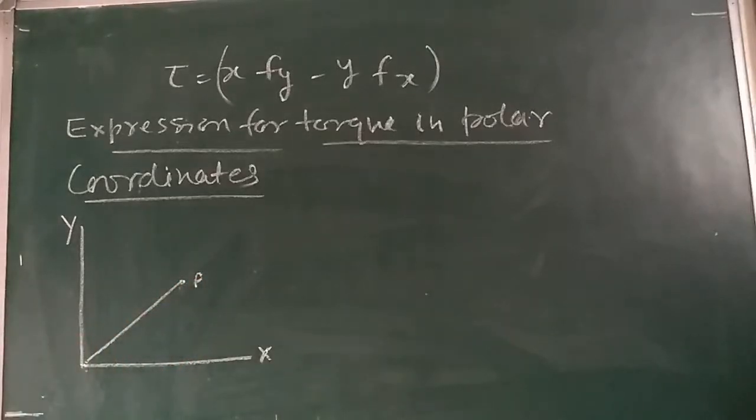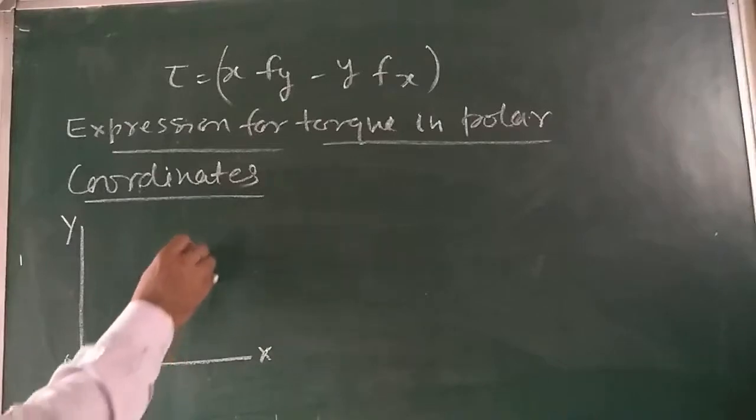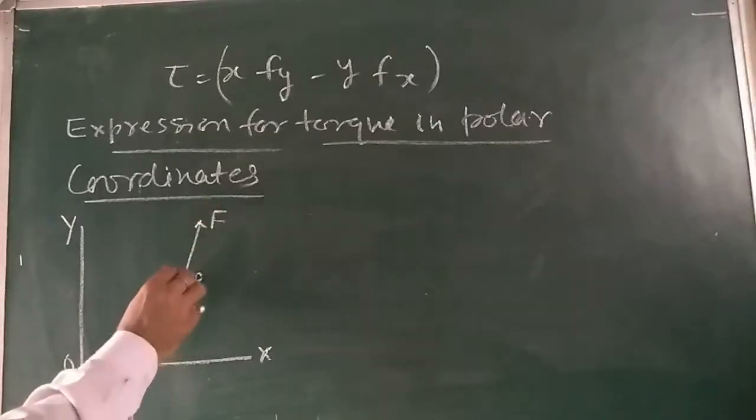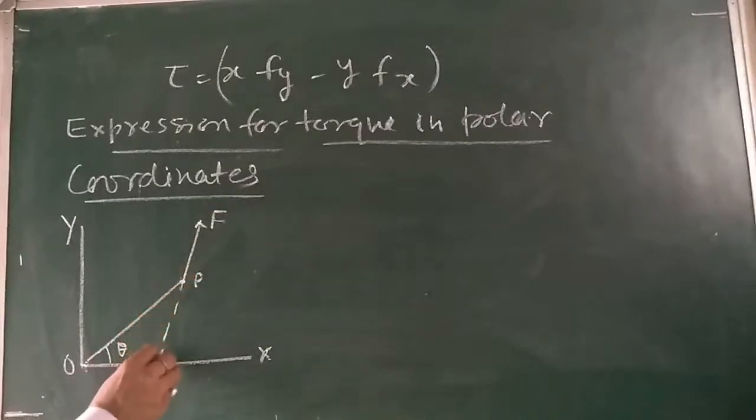This is the point P. This makes angle theta here, this is the origin. The force acting over here, say it is F. The line of action of force, this is a perpendicular here, say it is N. This angle is 90 degrees.